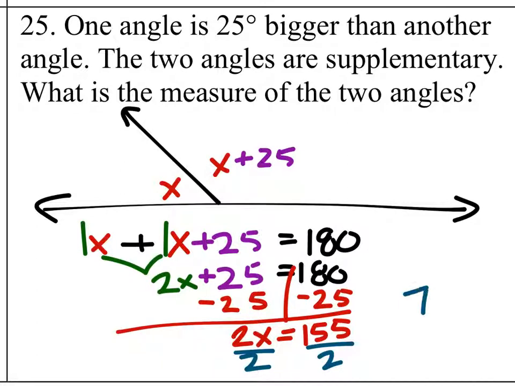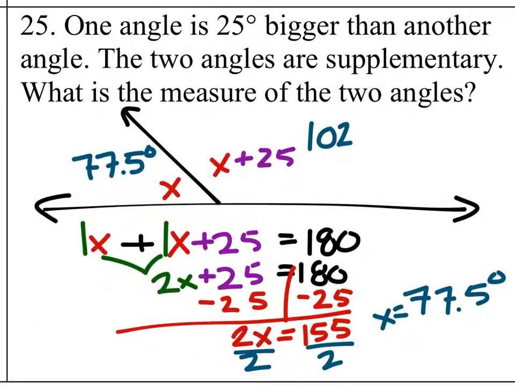And what is that? 77.5. Now that's the small angle, 77.5 degrees. And if the other one's 25 more than that, then we'll just add 25 to it, which is 102.5 degrees.